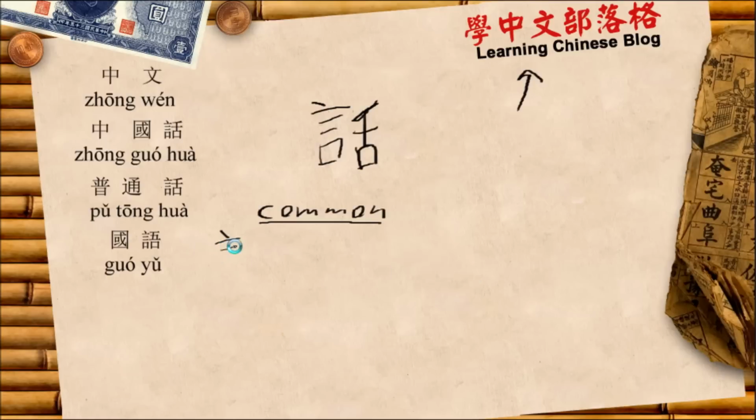This character 语, whenever I see it, I think it means to speak. Yes, speak, and the piece on the right actually means my. So my words is my language. Okay, that's cool. 国语 is common in Taiwan.